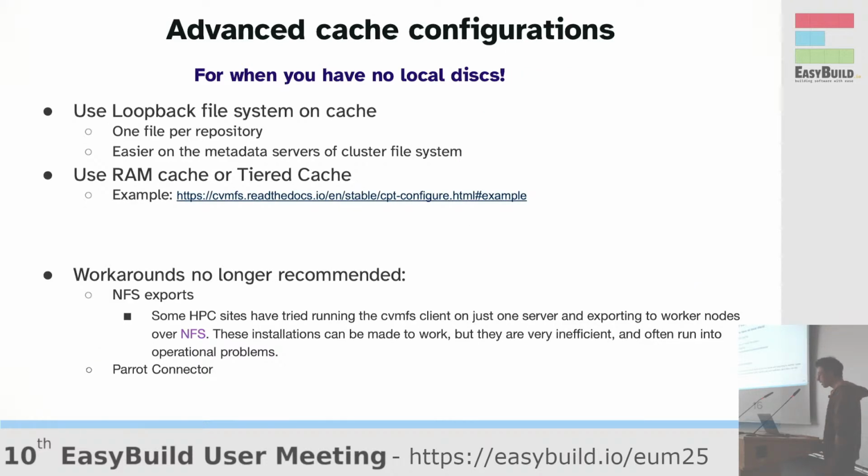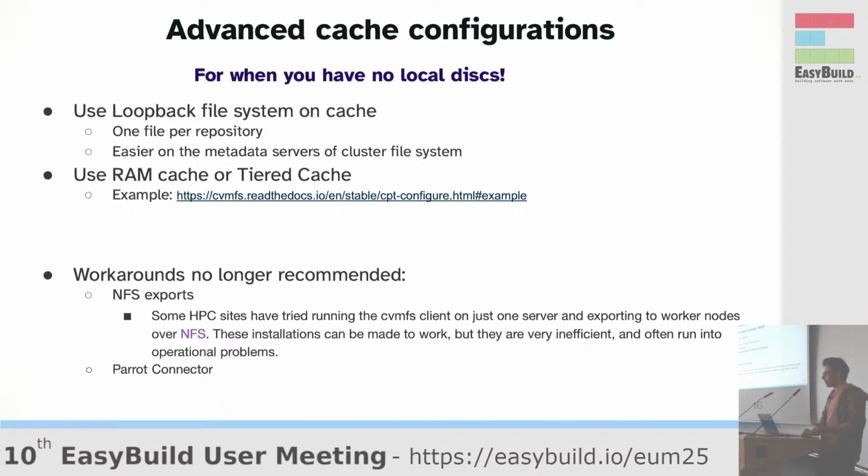And finally, there are cache configurations for when you have no local disks. I've also learned at this workshop why that's sometimes actually a requirement in HPC, and why these machines are set up like this. The first option is to use a loopback file system for the cache.